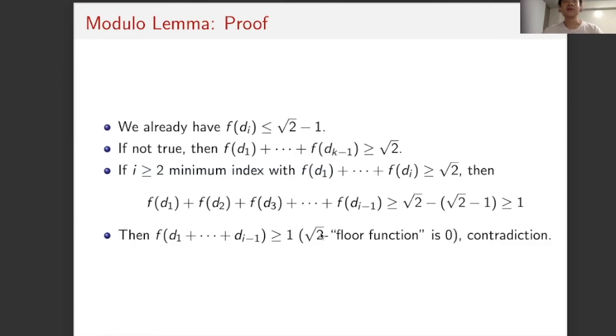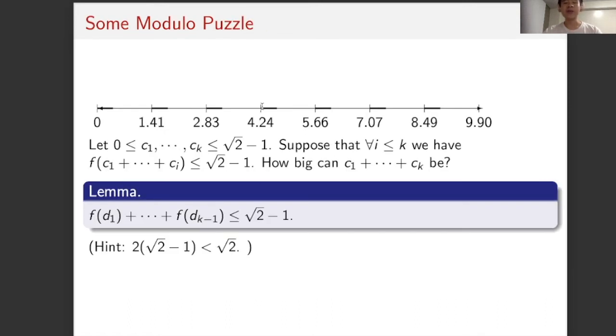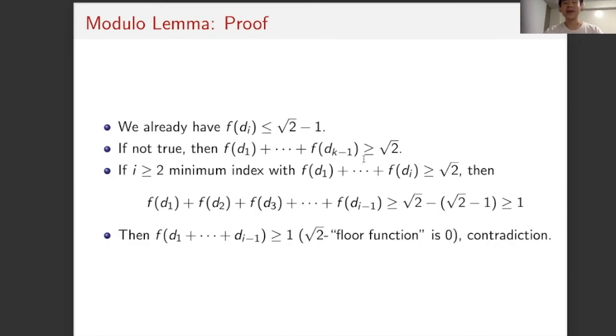Okay, now I've already talked about the motivation. We still have to turn this into a proper proof. So one thing that is evident is that each of them, like f of d sub i, is less than or equal to square root 2 minus 1. Why? Well, just consider the difference b sub i plus 1 minus b sub i. And if our lemma is not true, then this whole thing has to be instead more than square root 2 instead.